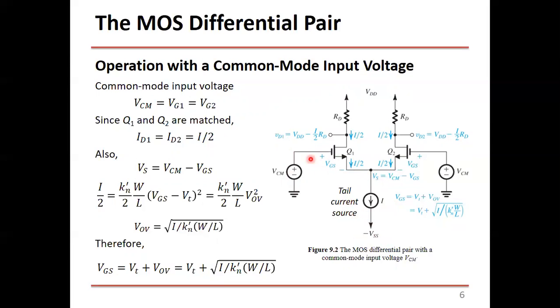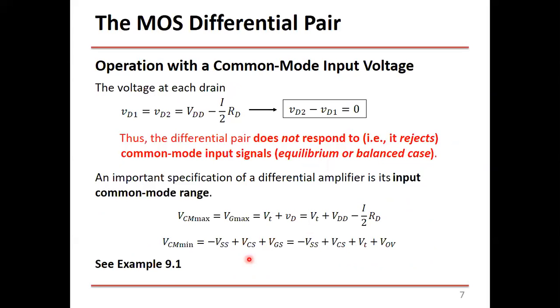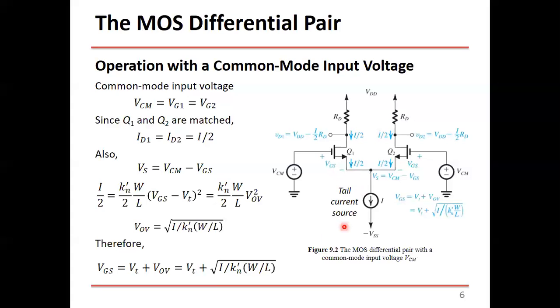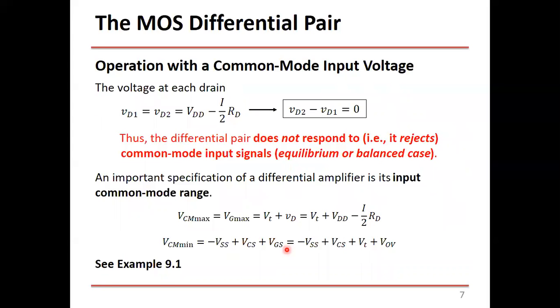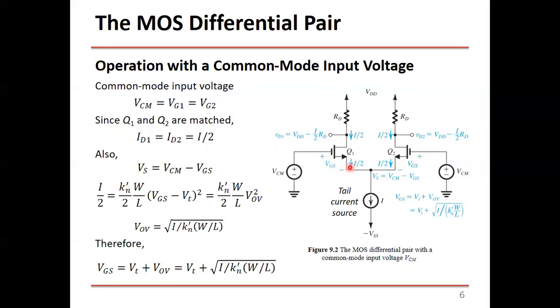So this voltage here equals these three voltages added together. So VCM minimum is the negative DC bias, plus the current source voltage, which is this one here, from VS to the VSS, plus VGS.